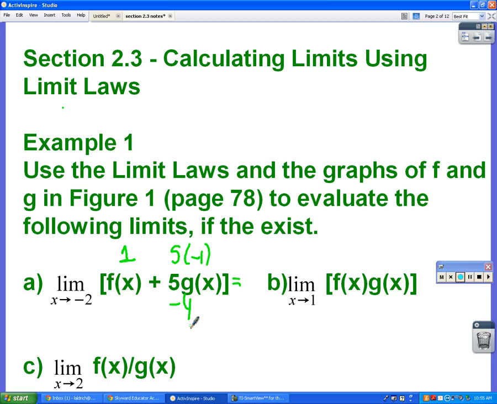Okay, what's the answer to B? What's the limit as x approaches 1 of f of x times g of x? Negative 4. Am I wrong?